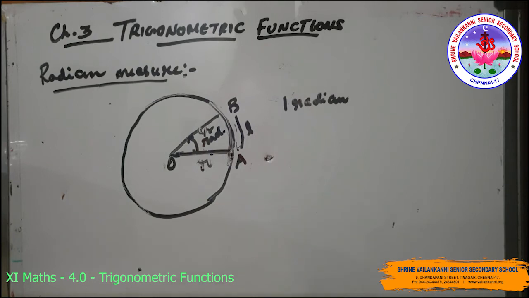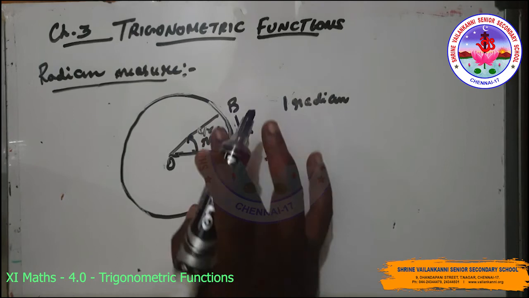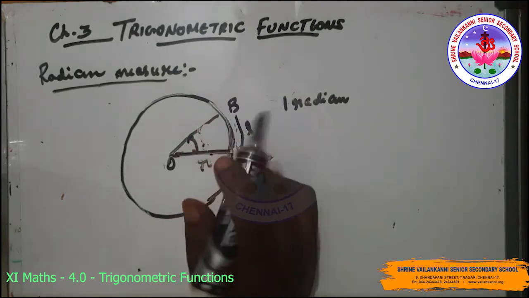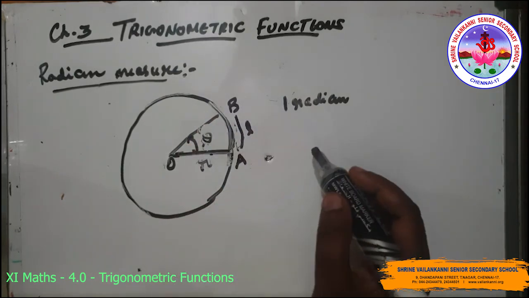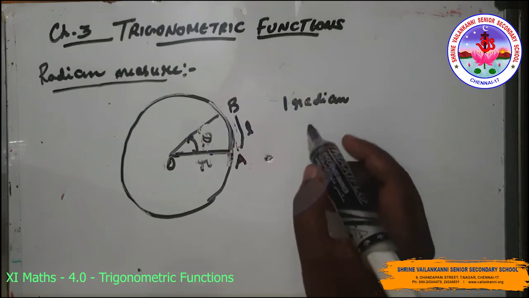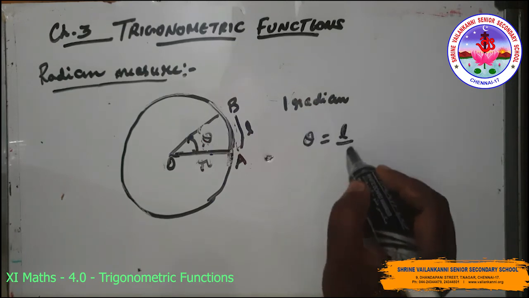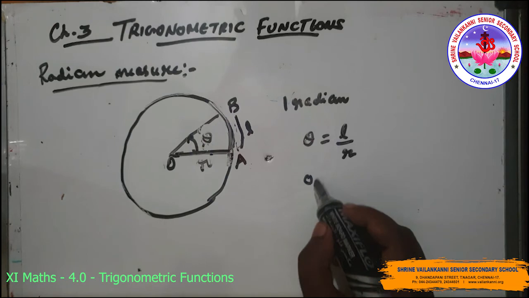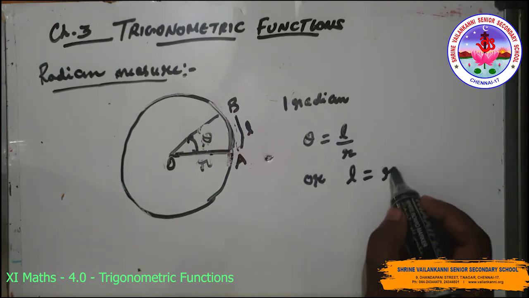Thus, in a circle of radius r, an arc of length L subtends an angle theta. Then we have theta equal to L by r, or L equal to r theta.